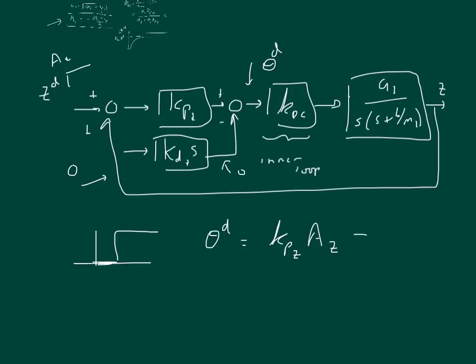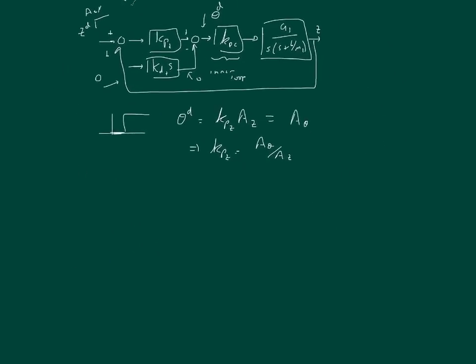So if we set this equal to the maximum step size that we've decided to put on theta d to get the maximum possible performance, in other words, when there's a step of az, we're going to apply the maximum possible force right at that point. And at that point, theta d is equal to a theta, and so that implies that our kpz is a theta over az. And again, both a theta and az are gains that we will tune in the system.